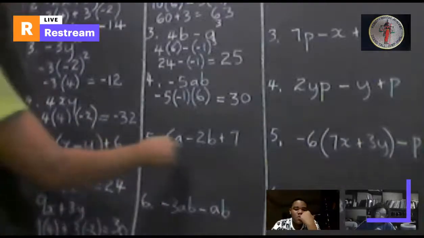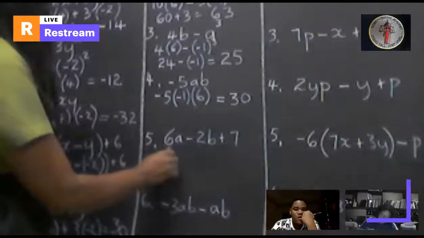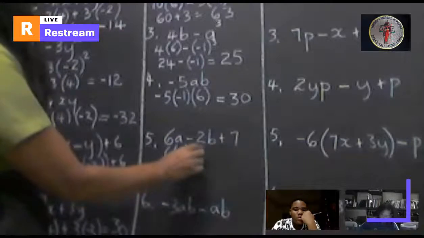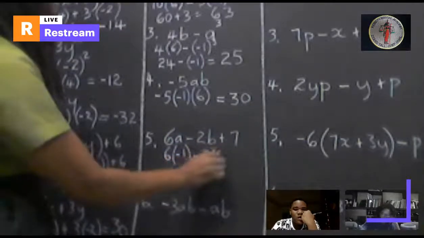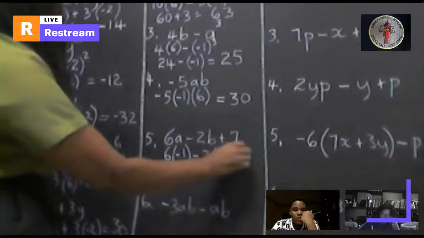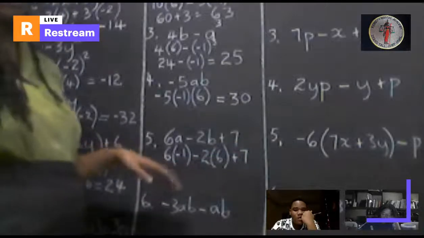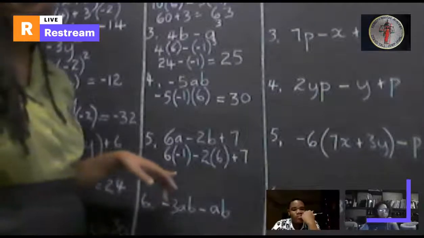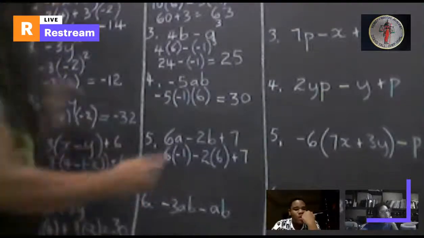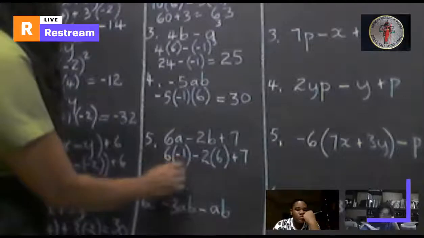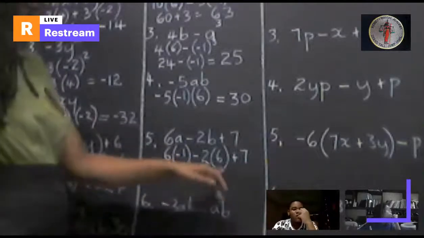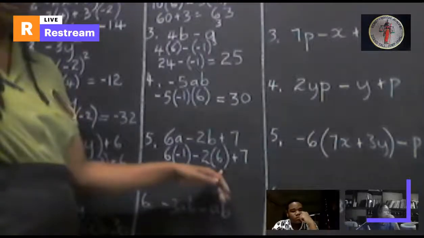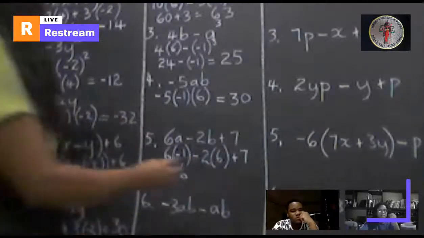For number 5, 6a is 6 times negative 1, minus 2b, so that's 2 times 6, plus 7. What is 6 times negative 1? Negative 6. And negative 2 times 6 is negative 12.